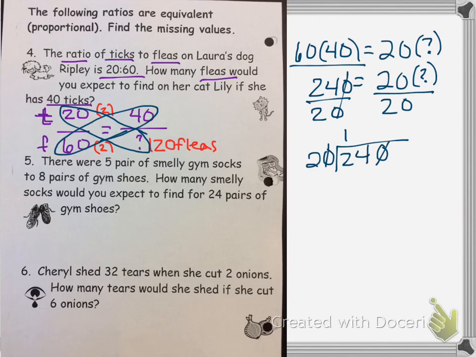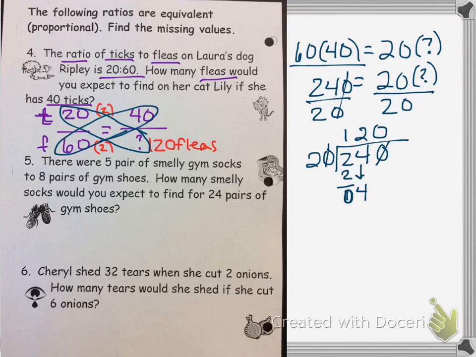So 2 goes into 2 once. 4 is going to be 2. And then we have our 0 that we took off. We're going to put it back. So 120 fleas.